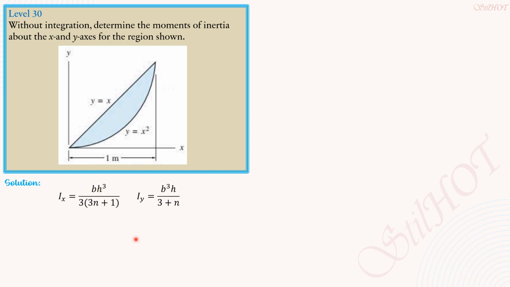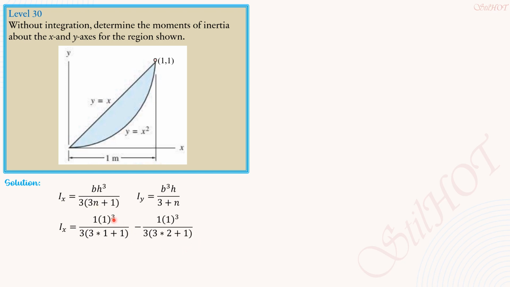So substitute here. So Ix is 1 times 1 cubed over 3 quantity 3 times 1 plus 1, then minus the moment of inertia under this curve using the same formula where n is 2. So minus 1 times 1 cubed over 3 quantity 3 times 2 plus 1.